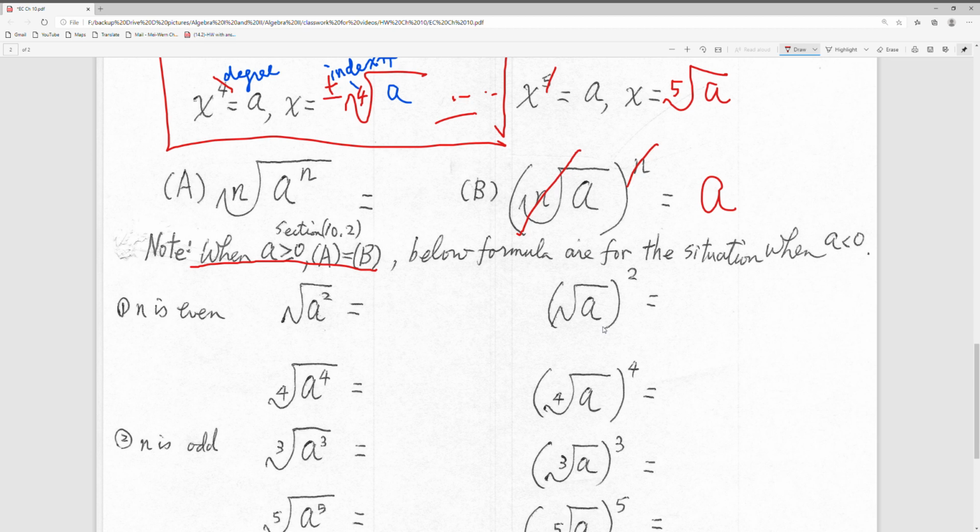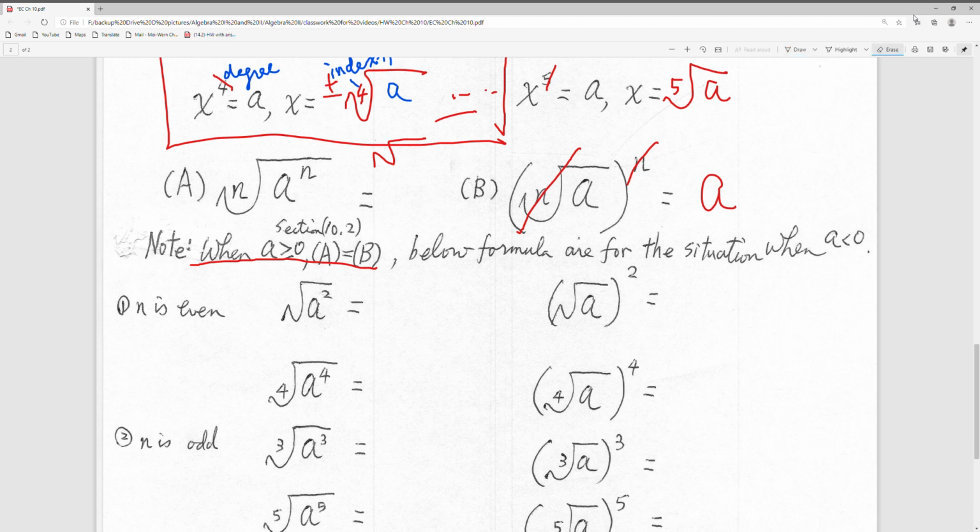Okay, when A is positive, then they are equal.